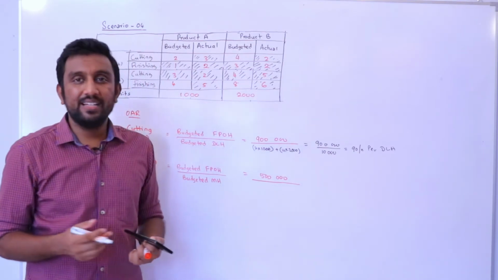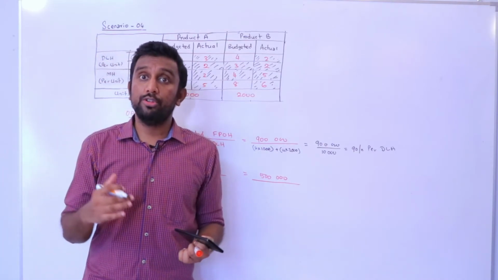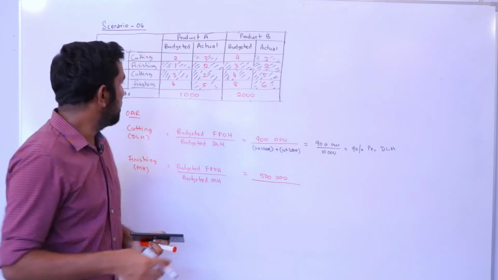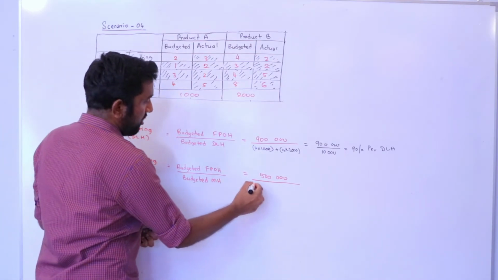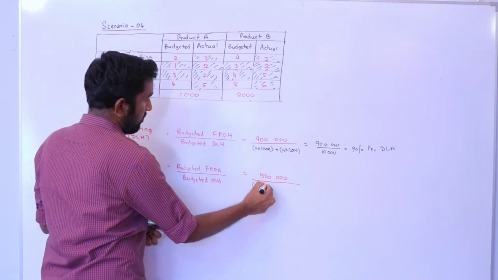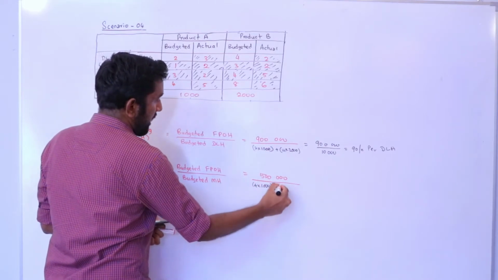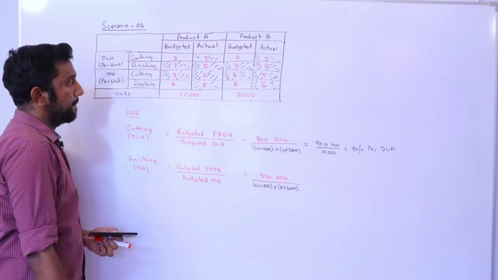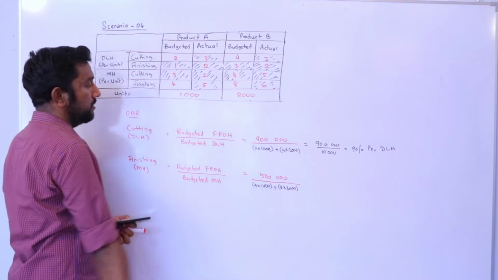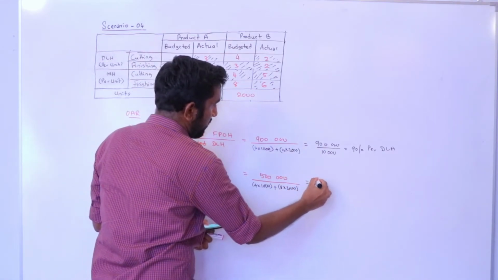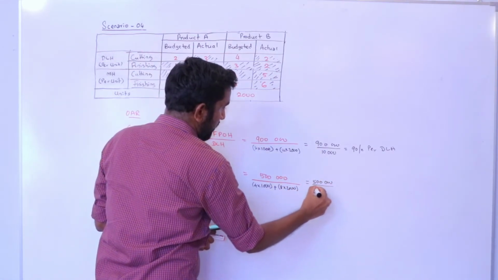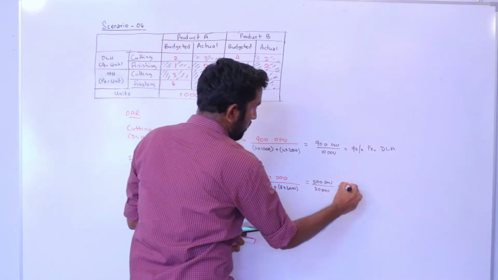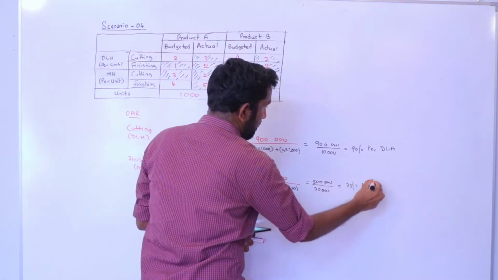This 500,000 is the total cost for both products, so I need the total machine hours in the finishing department. So 4 into 1000 plus 8 into 2000 is 10,000, and 500,000 divided by the total gives 25 per machine hour.